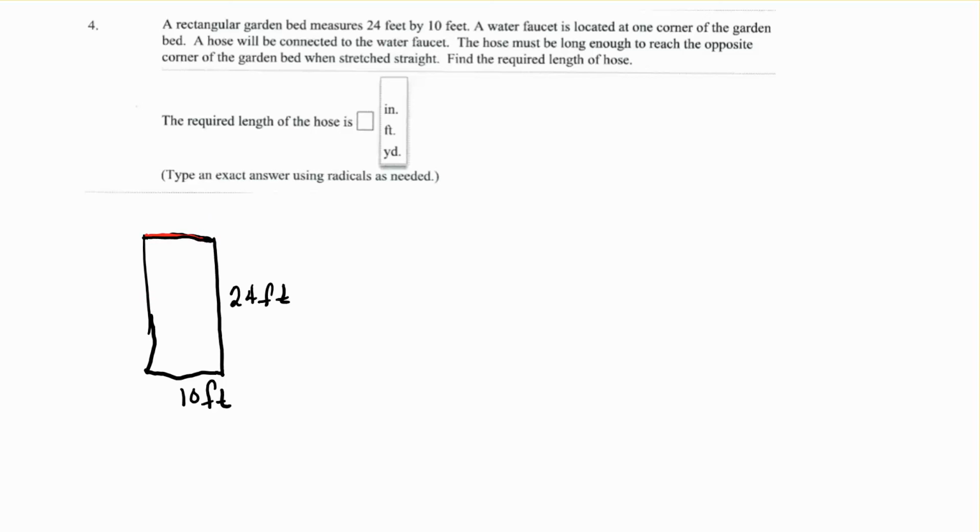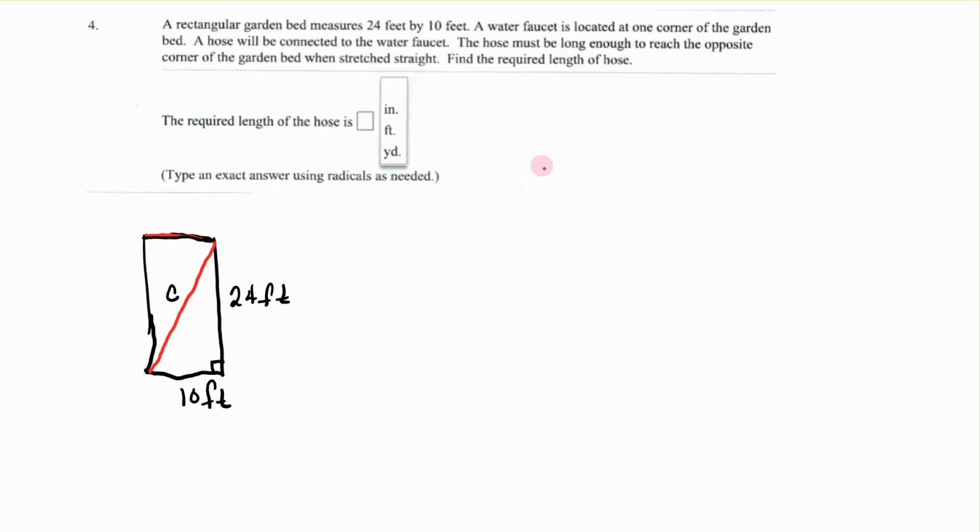I was trying real hard to draw that hose in red, but it wasn't working real well for me. All right, if this is a rectangular bed, then that means that the corner is a right angle, which means that this length of hose that we're looking for is the hypotenuse.